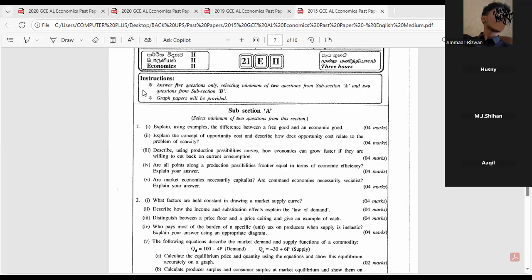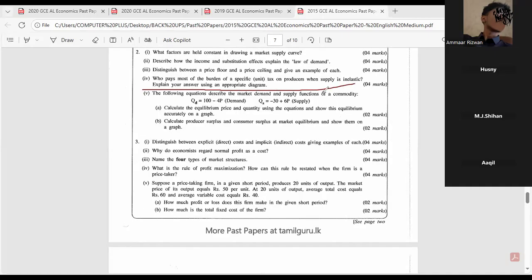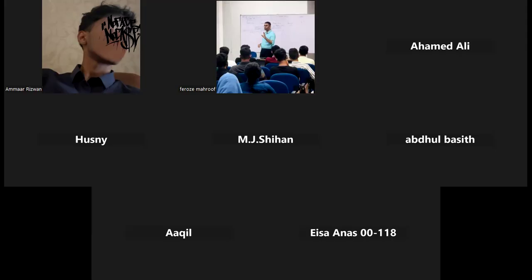In this, see the fifth one. Demand and supply functions given, calculate the equilibrium price and quantity using the equations and show this equilibrium accurately on a graph, 2 marks. Calculate producer surplus and consumer surplus at market equilibrium and show them on the graph, 2 marks. So like this, regularly we are getting questions from market equilibrium.